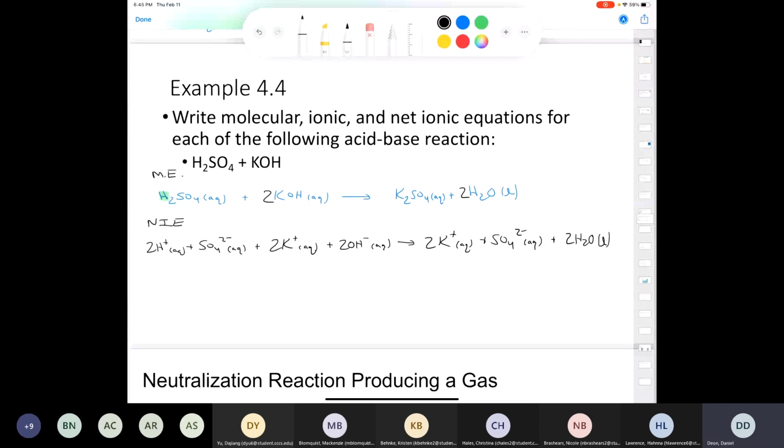Cross out our spectator ions, which are the potassium and the sulfate, and look what we're left with. We have 2 H+ aqueous plus 2 OH- aqueous produces 2 H2O liquid, which again we could divide by 2 to give us H+ plus OH- produces H2O.